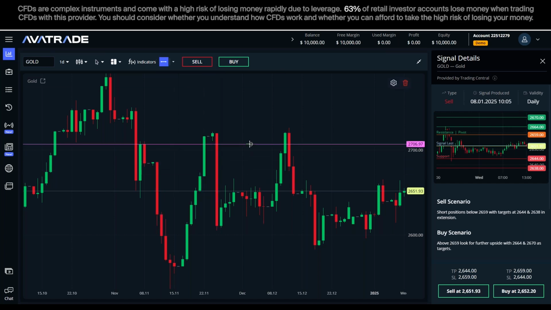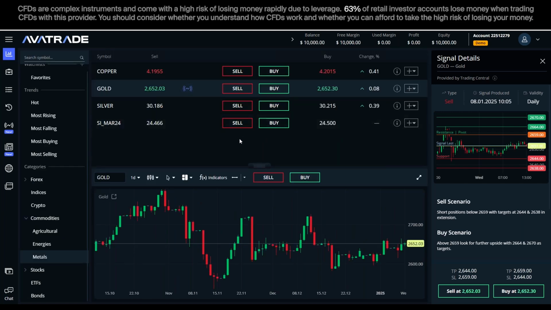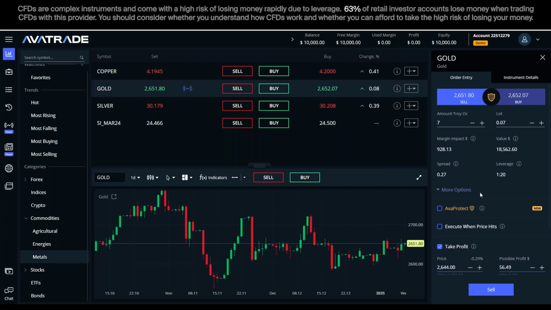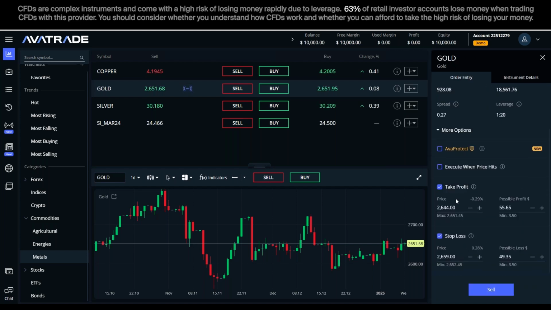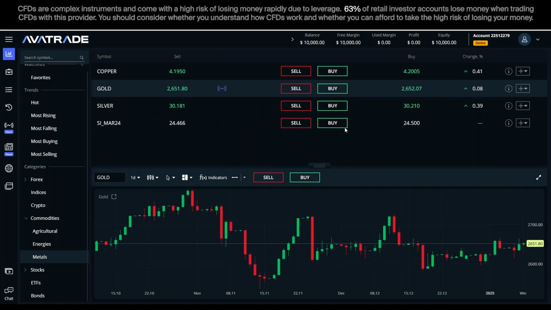Which I can also place. I'm not going to do that, but I can also place similar levels to do further analysis. But if I don't want to, just look how easy it is to use the signal. I click it once, then I click it again, and I already have the stop loss and the take profit automatically placed on the position for me, ready to execute. Of course, I don't have to do that, and I can do it properly with a little bit of analysis.